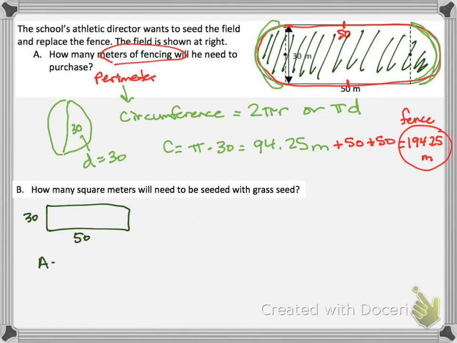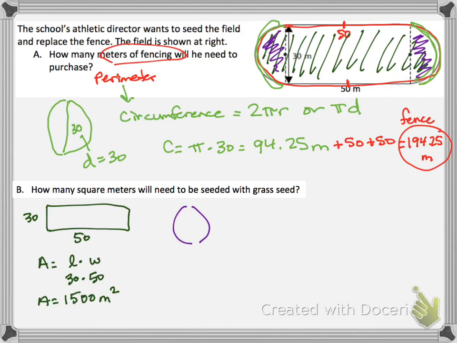If area is length times width, we get 30 times 50, so I'm going to have 1,500 meters squared. And then we still have this piece here and this piece here to contend with.